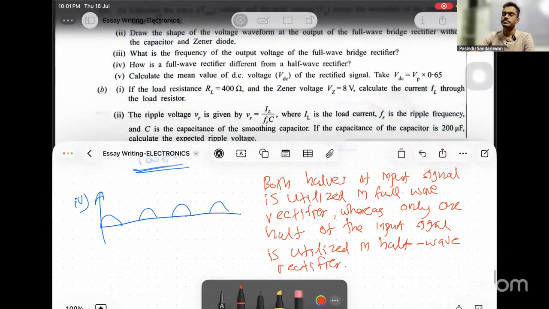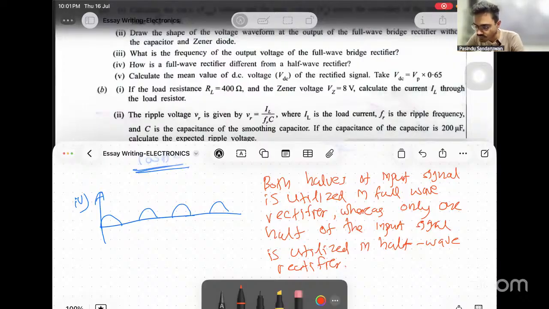So that's why we call it full wave and half wave. That's the exact reason behind identifying it as a full wave rectifier and a half wave rectifier.